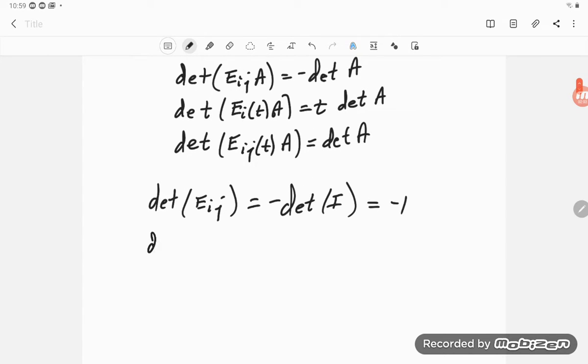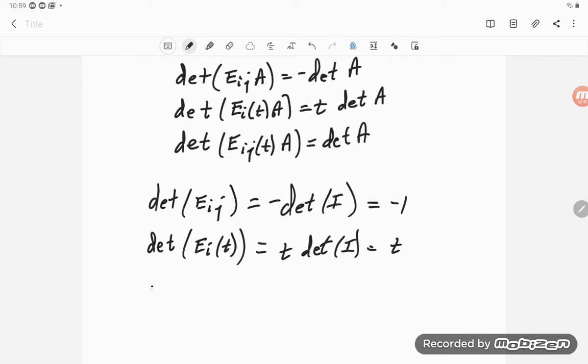Similarly, for the determinant of Ei of t, we just took the ith element on the diagonal and multiplied it by t. So we really just took a row of the identity and multiplied it by t.